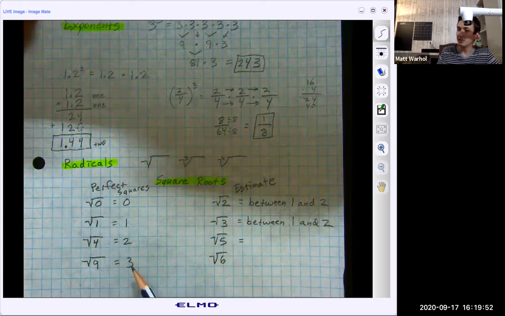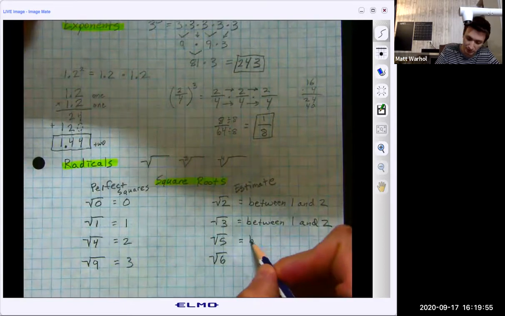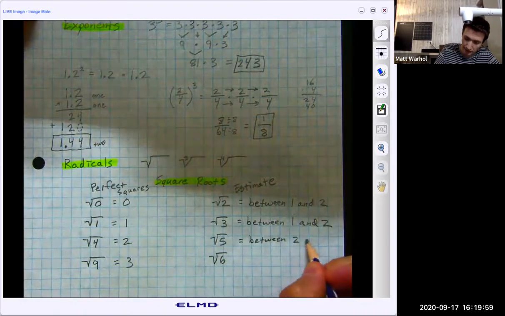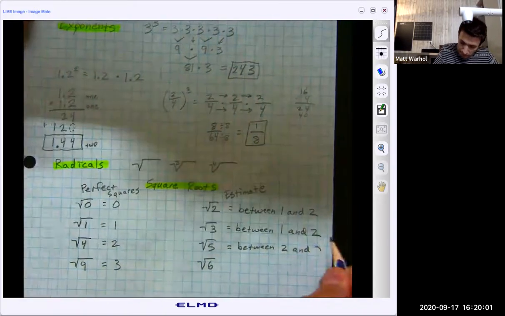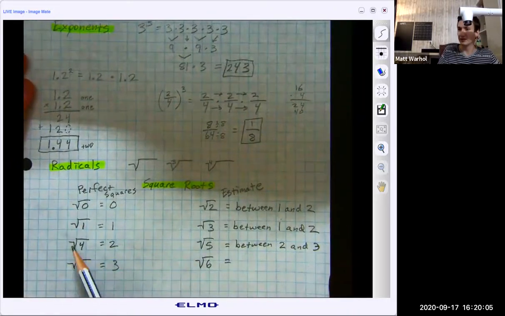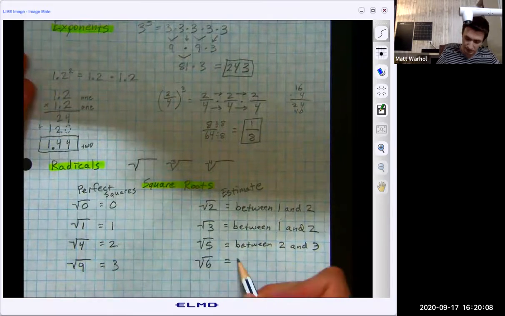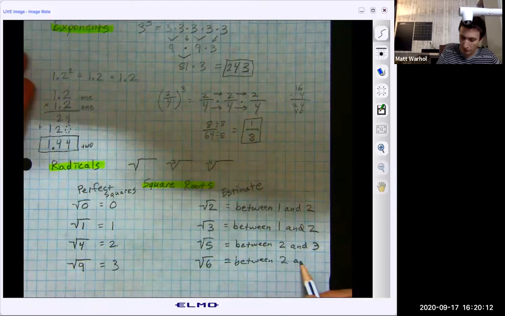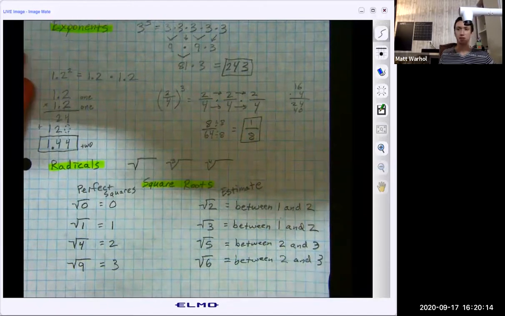It's going to be less than 3. So I would say this is probably between 2 and 3. My paper moved on me. And the square root of 6 is also going to be in between 2 and 3. Hopefully you see a nice pattern going on here.